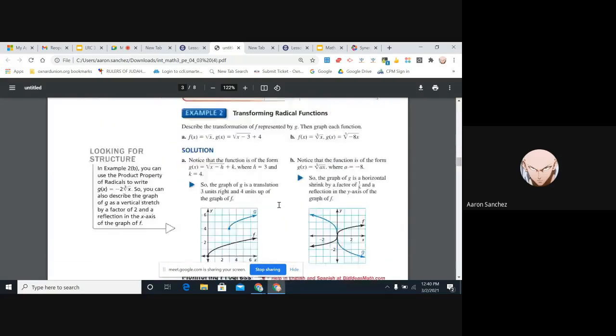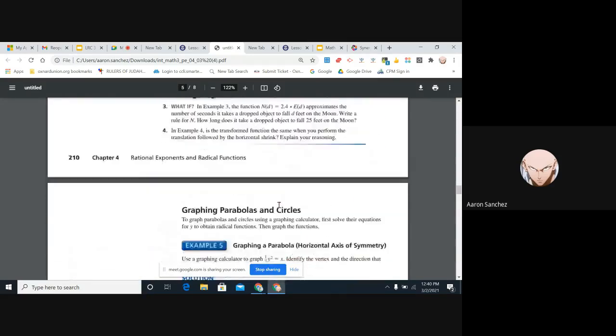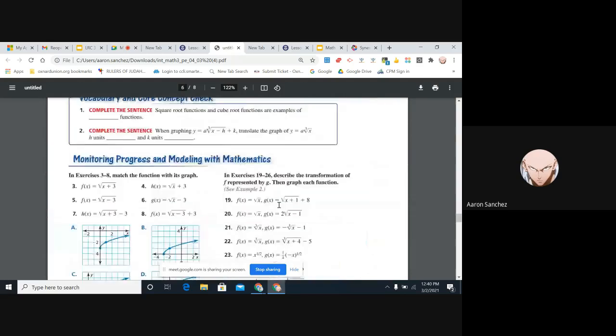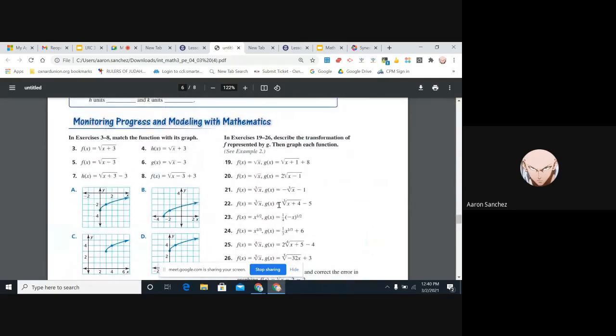Okay, so let's look at 3 through 31 odd. So this is graphing based on what we saw. Okay, number 3. Let's go ahead and graph it.